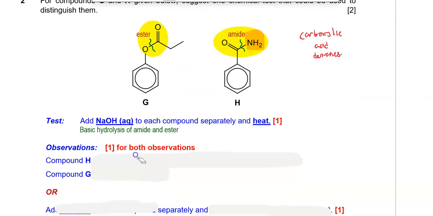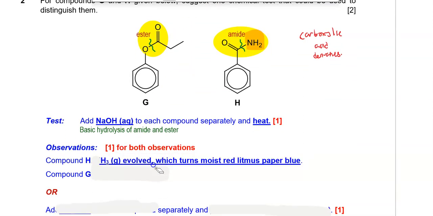The ammonia gas evolved will cause the red litmus paper to turn blue. Whereas in the ester, there will be no ammonia gas evolved, so this makes it possible to distinguish between H and G. So when you see an amide with a CONH2, one of the considerations is to do a simple basic hydrolysis and test for ammonia gas.